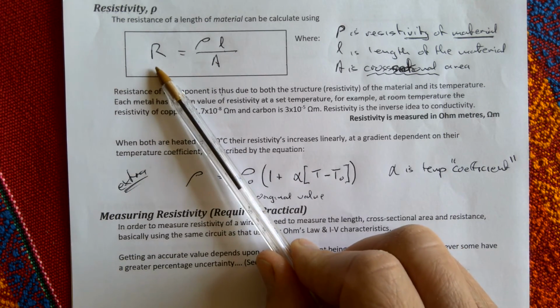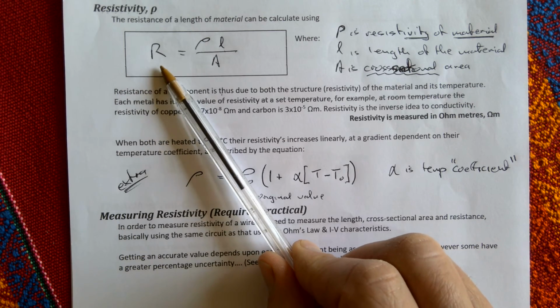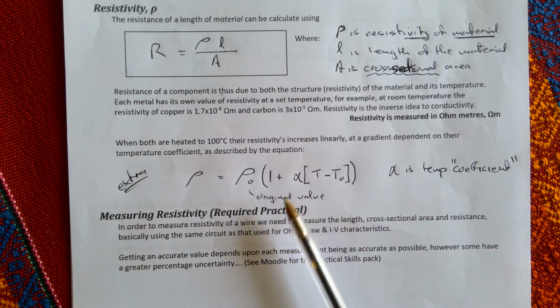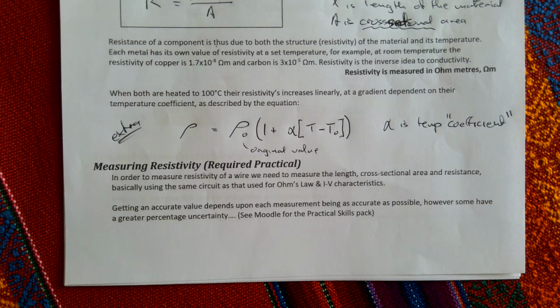So we want to keep the same low current, because then we'll have really low heating, and it should be very predictable. So that's where our experiment goes. It's to try to measure resistivity. It's a classic experiment as such.